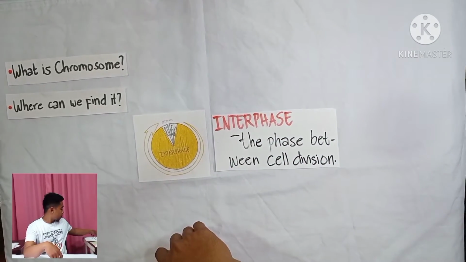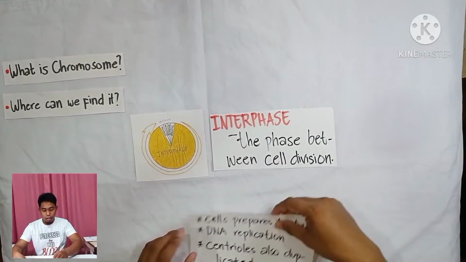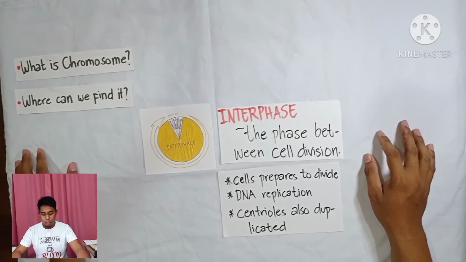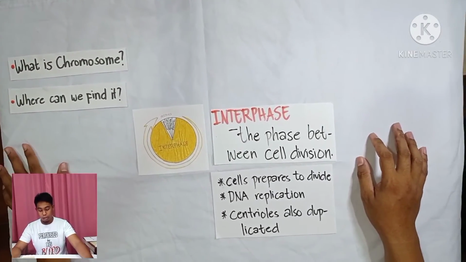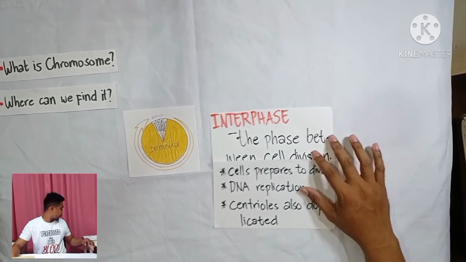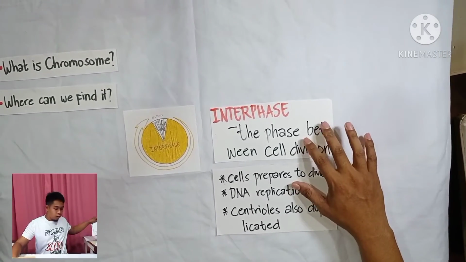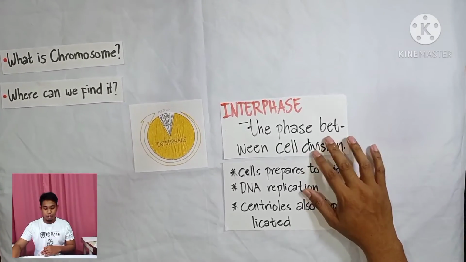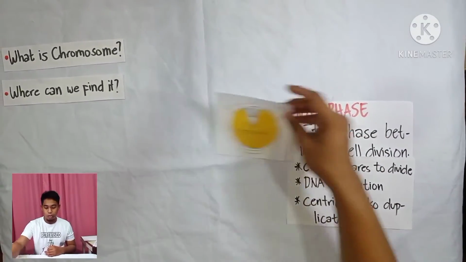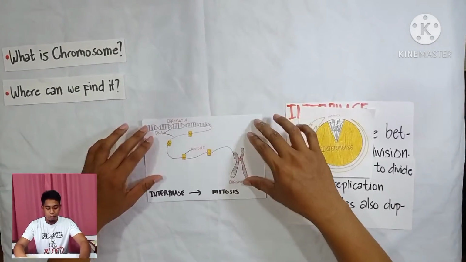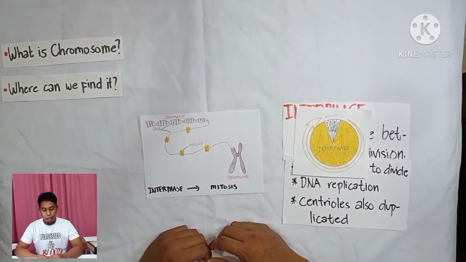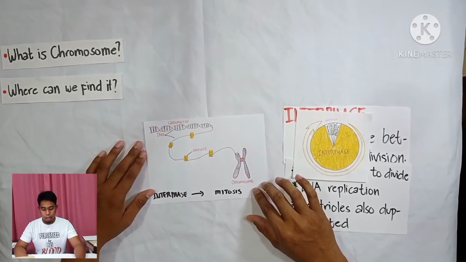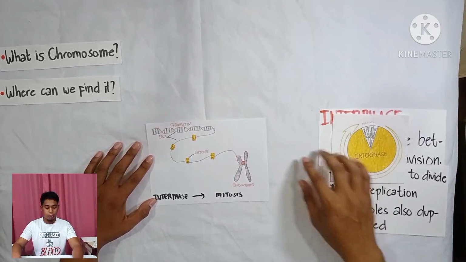During interphase, the cell prepares to divide. It is also the phase where DNA replicates and centrioles duplicate. After the cell prepares for division, the chromatin condenses, coils together, and becomes a chromosome, like this one.